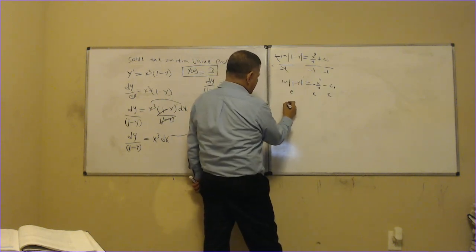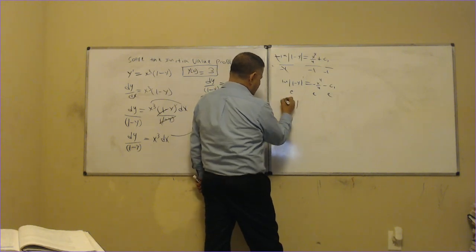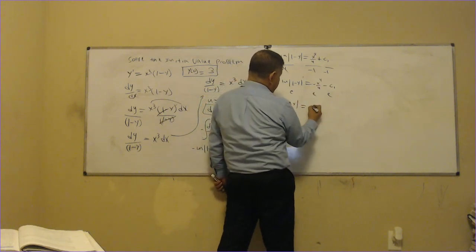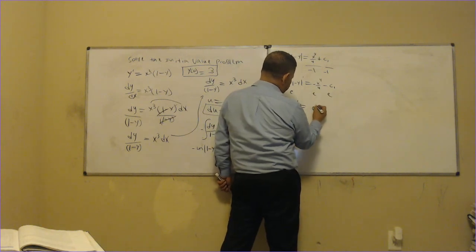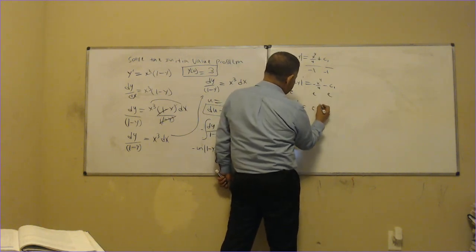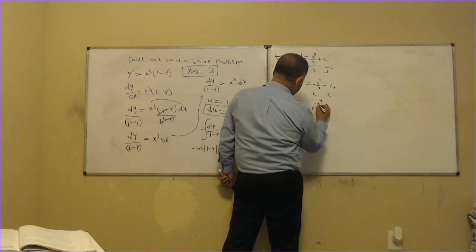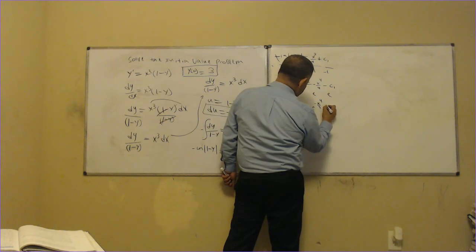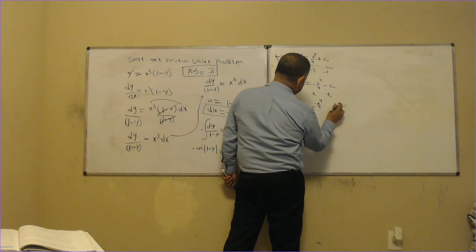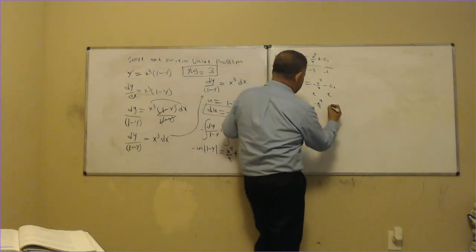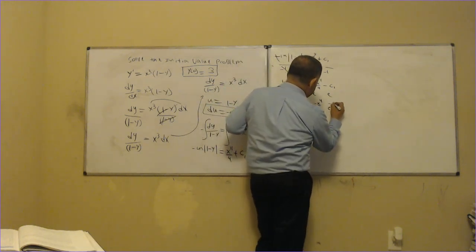So 1 minus y equals e to the x to the fourth over 4, and I get e to the minus c1.